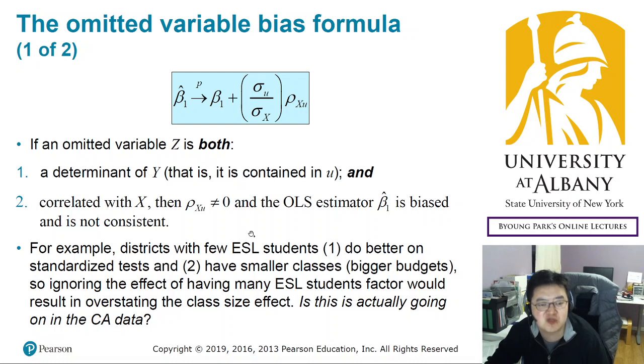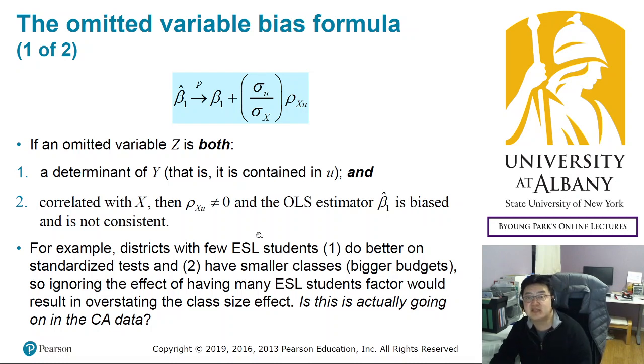So foreign-born students, non-native students, is an important determinant of the test scores. As it says, school districts with fewer non-native students do better in the test and at the same time have smaller classes, because they could afford more teachers and so have a smaller student to teacher ratio.